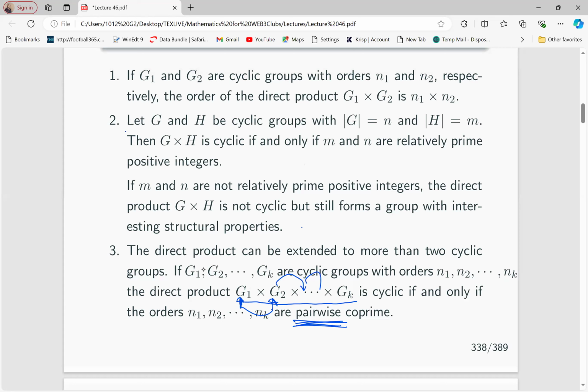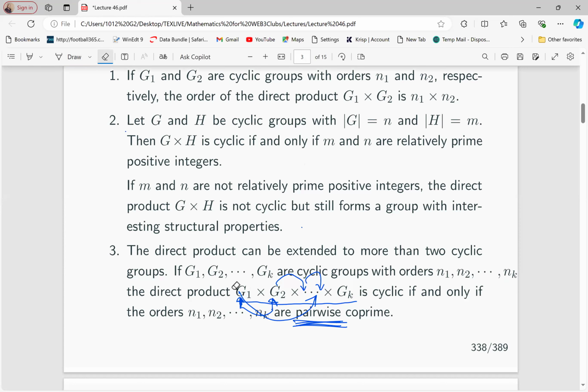Then I can also pair this and that. So you pair two groups at a time, and if after pairing all of them you find that they're all relatively prime, then we say that the direct product will also be cyclic.